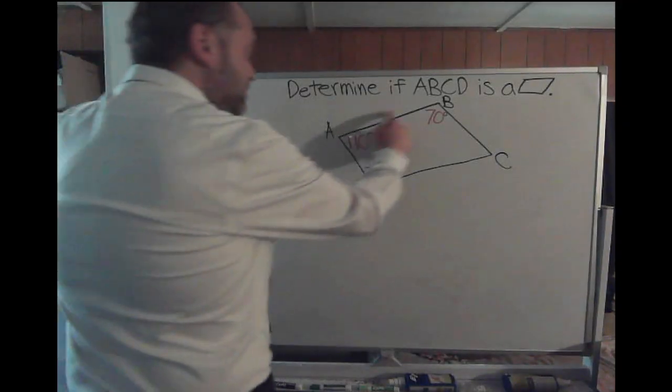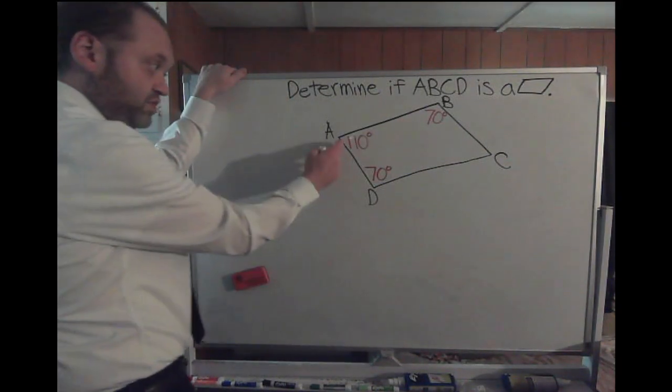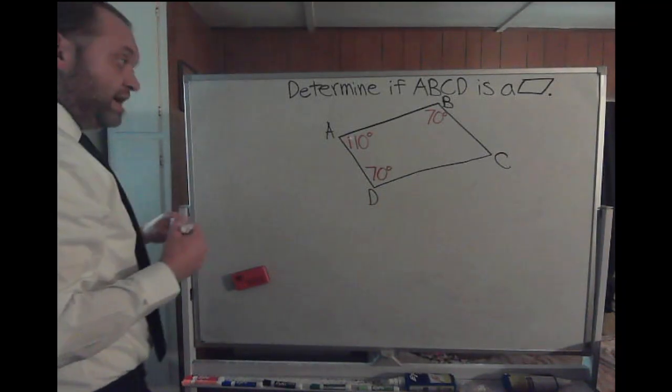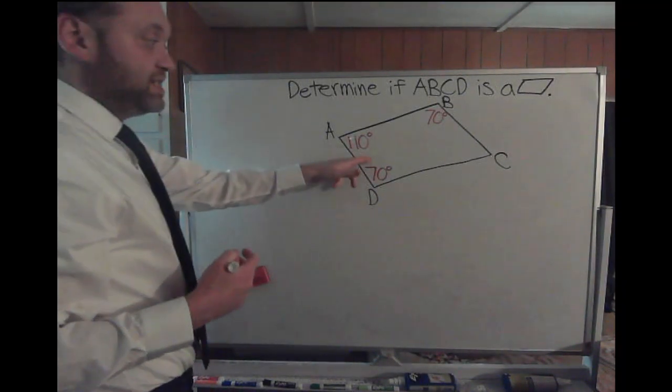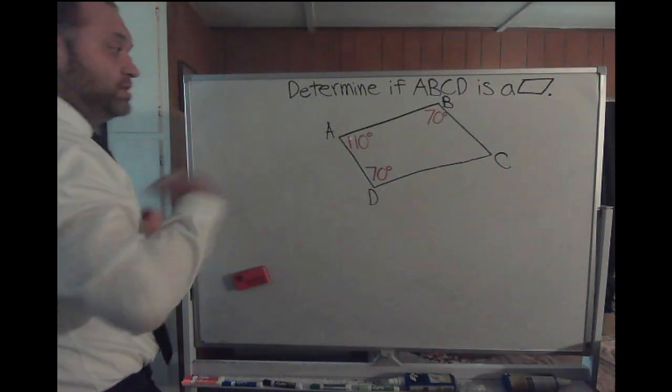If you have two lines here, AB and CD, that are cut by a transversal, such as AD right here, that could only mean then, if the same side interior angles are supplementary, that they're parallel to each other.